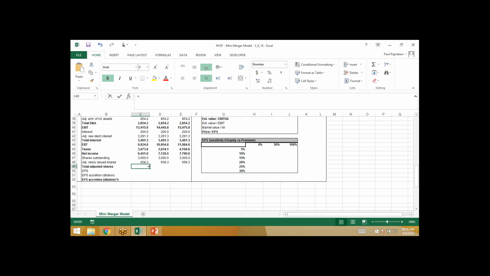And the total new shares is the original acquirer plus the issued shares. With that, we can calculate our earnings per share by taking the net income divided by those shares.